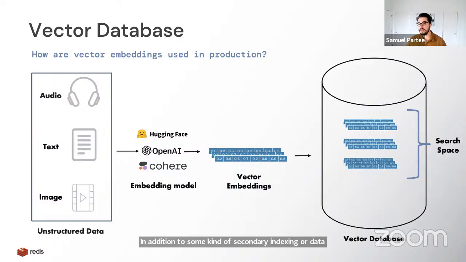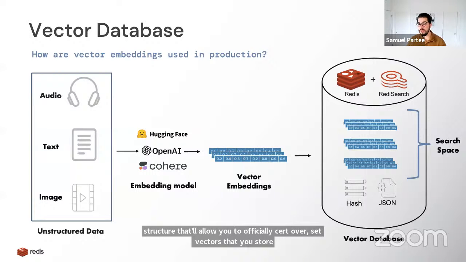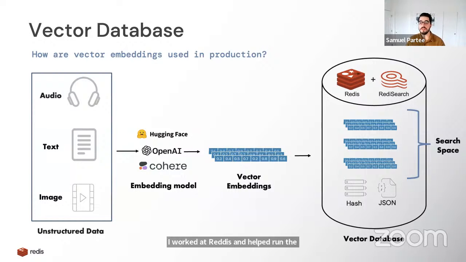I worked at Redis and helped run the vector database unit, which essentially using Redis search helps make Redis into a vector database. So you can store vectors in hash or JSON alongside other text, numerical fields, geographic fields, etc. And you can do interesting combinatorial searches between vectors and all of those other fields.